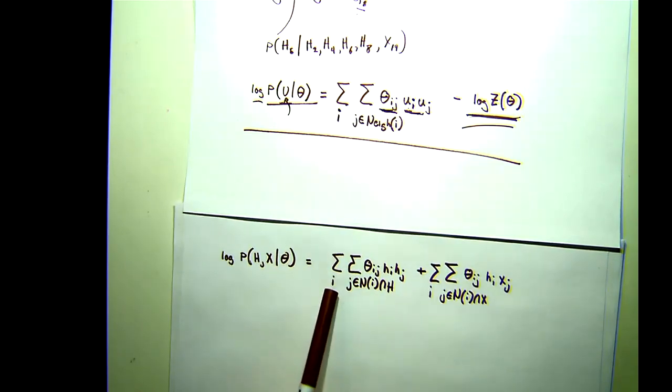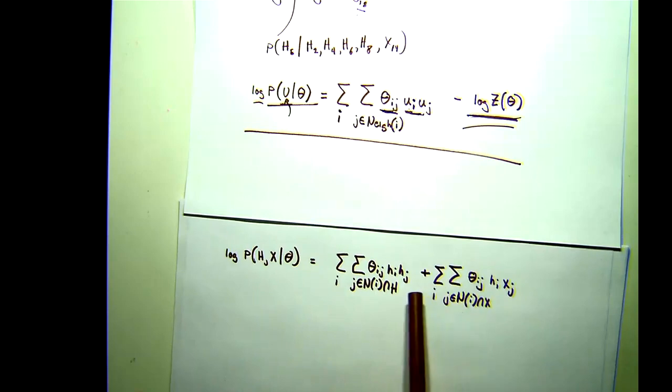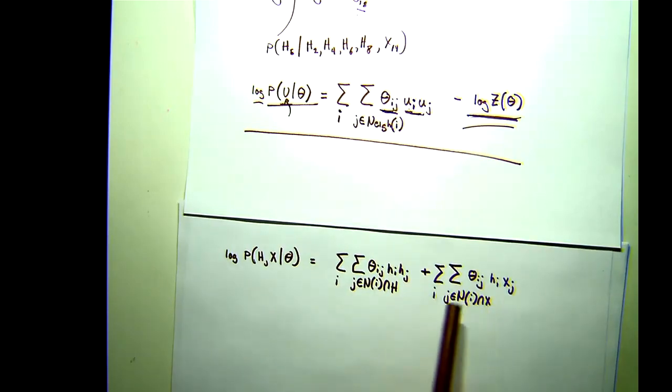So we go through all of the indices, we take all the neighbors, considering only the hidden nodes, so there's going to be a hidden node i and hidden node j. And then we're going to consider the x's also. For all of the j's that are neighbors of i, considering only the x values, we take hi times xj. So it's the same math. I've just relabeled things a little bit differently.